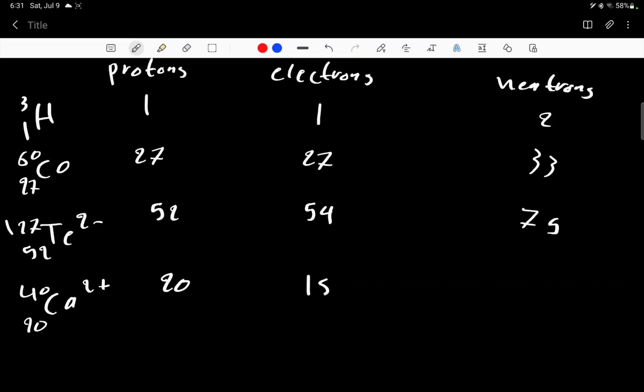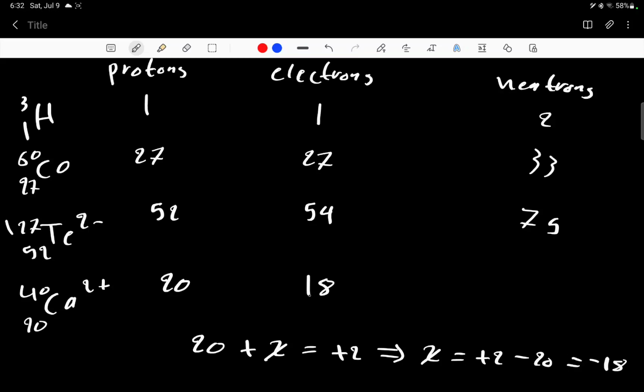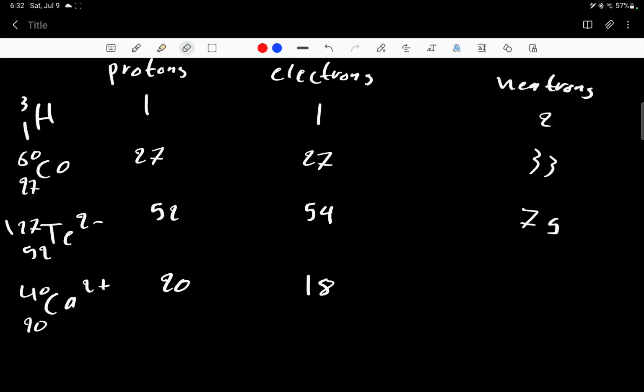So we are going to have 18 because 20, which is the number of protons, plus x, which is the number of electrons, is going to be equal to plus 2. So if we solve this equation, we are going to have x equals plus 2 minus 20, and that is going to give us minus 18, and that is why we have 18 electrons.